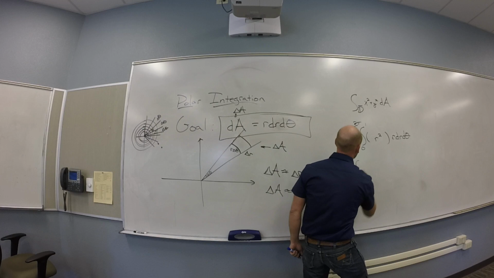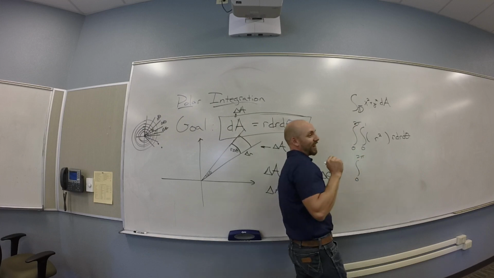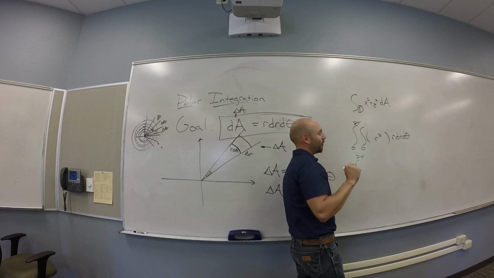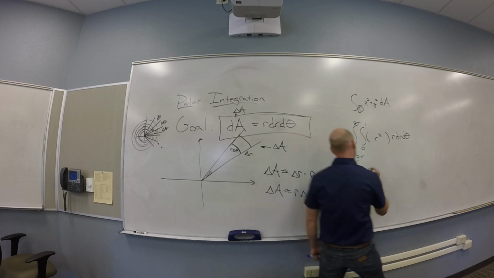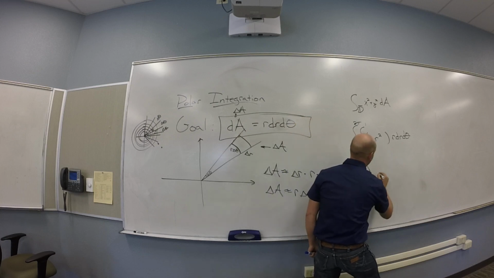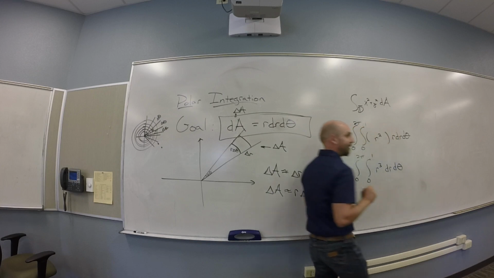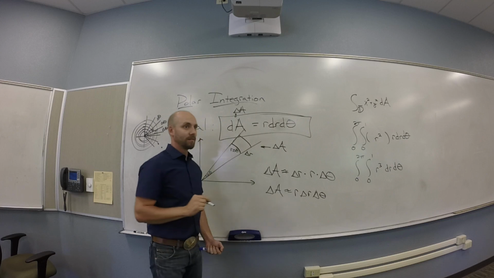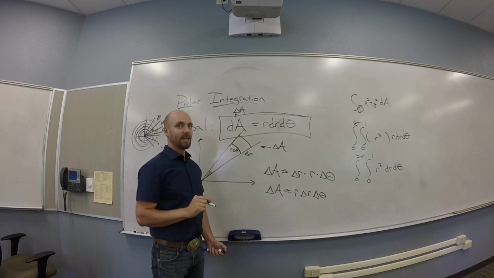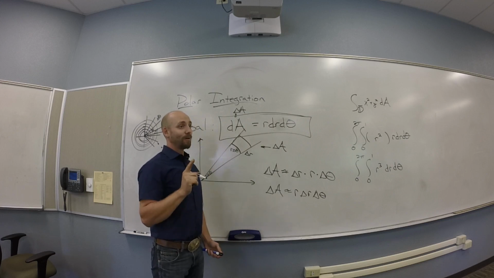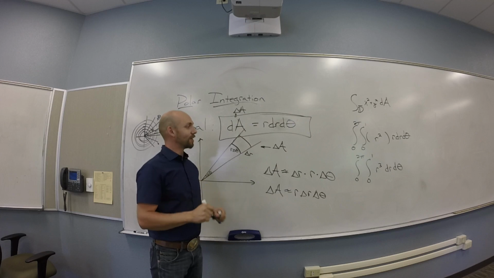So you get the integral from 0 to 2 pi, the integral from 0 to 1 of r cubed dr d theta, right? You guys see that? Now, you can use the double integral trick here.